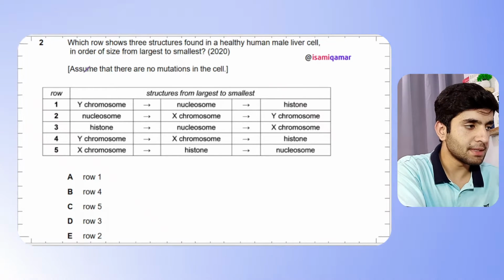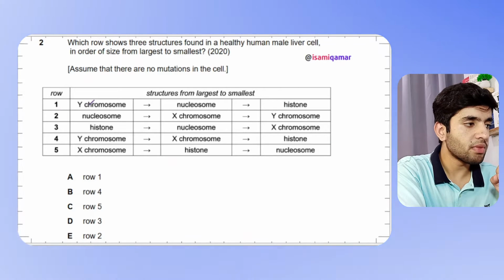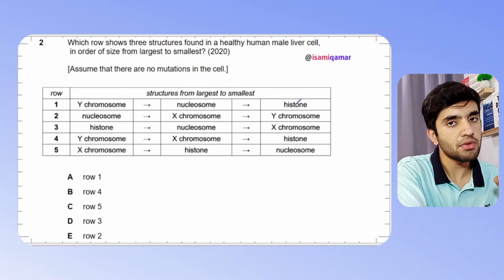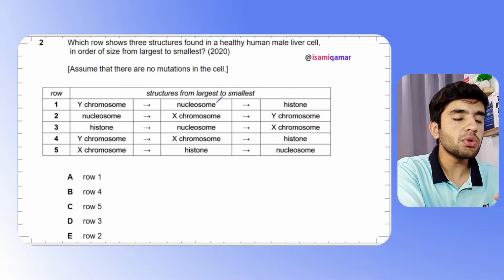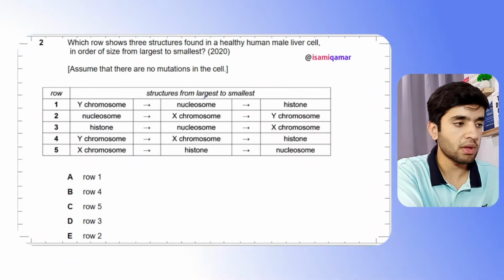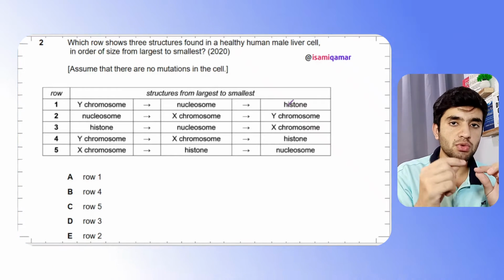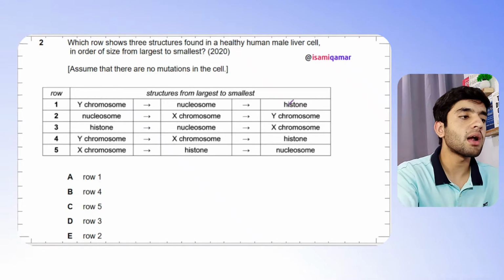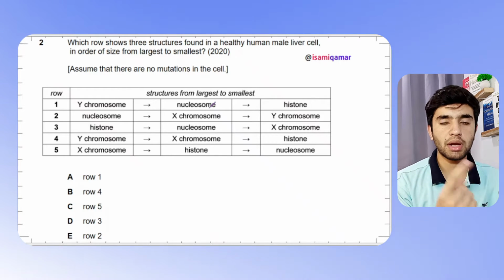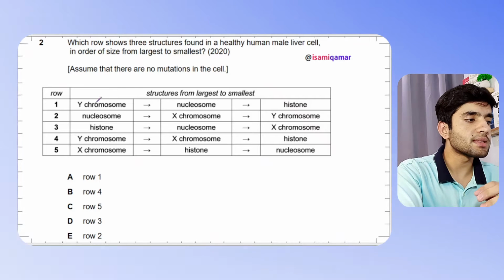Now let's see. The first row: Y chromosome, then nucleosome, then histone. First of all, you need to know what histone, nucleosome and chromosome are. Histone is actually a protein. DNA wraps around histone and makes a thread called a nucleosome. When that nucleosome wraps around itself and makes many turns, it is called a chromosome.